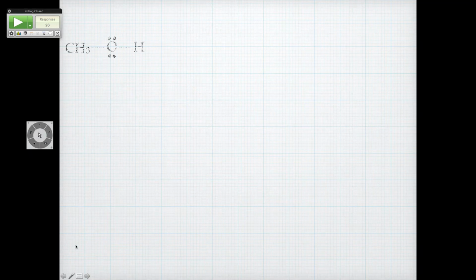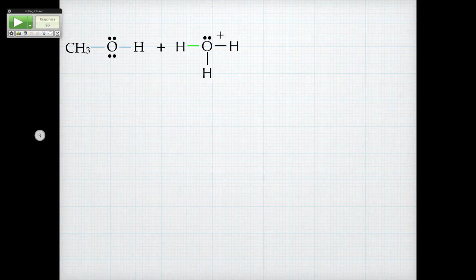How are you going to know if acetic acid is going to function as an acid or a base? Look at what the other thing is. The only time it wouldn't is with H3O+. All right, so look up here. This one is CH3OH, and we've got H3O+, hydronium ion. So who do you think is going to be the base, and who do you think is going to be the acid? What's your guess? Hydronium is the acid. Yes.